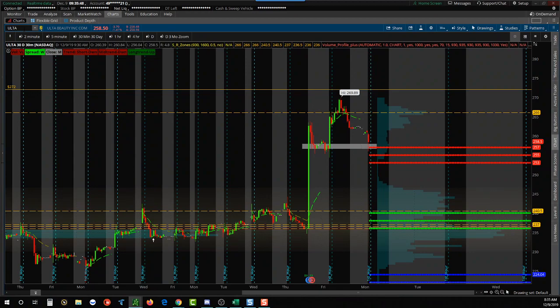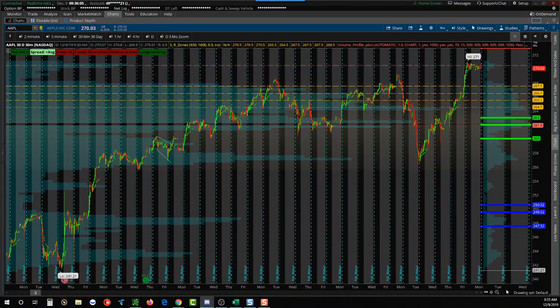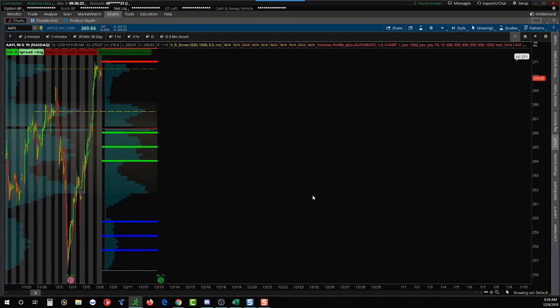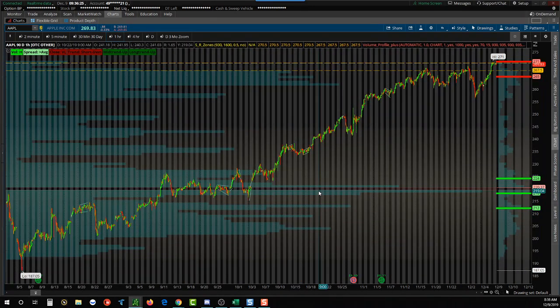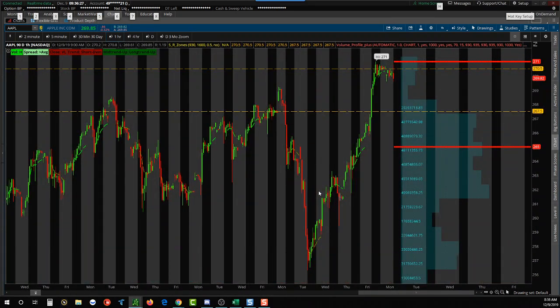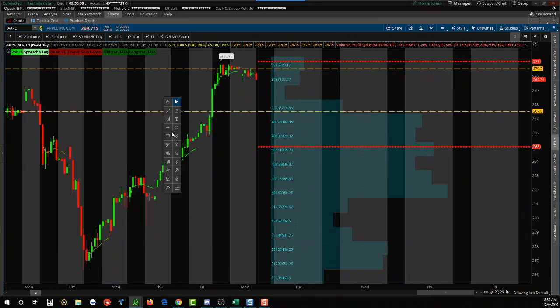Another call out in the room is for Apple. And remember that if you're looking to trade, it's going to move like the market, and the market's going to move like Apple. That is correlation 101. So Apple is consolidated at this new range. And when we look left, we've got this price structure here at the 269.